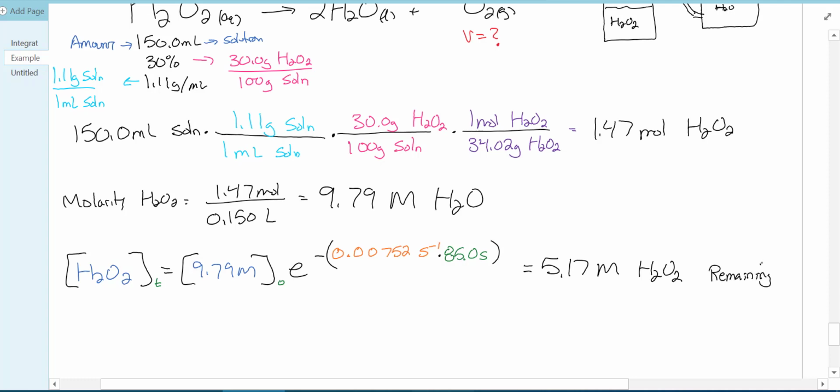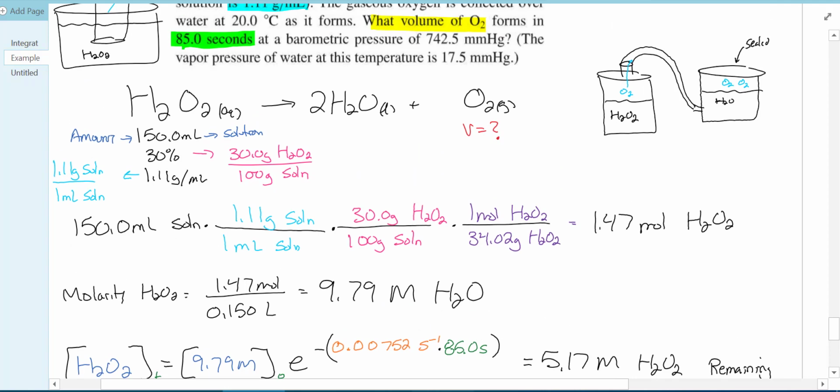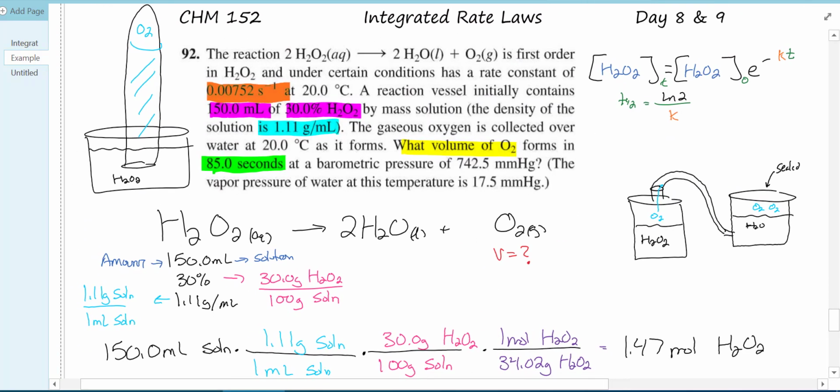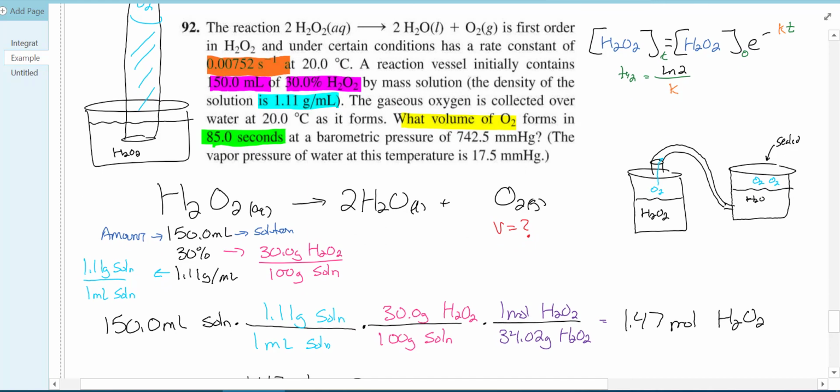All right, that's remaining. So one of the reasons I like this is that hydrogen peroxide, a lot of us have that at home. And when we have this at home, there's an expiration date on it. Now, some expiration dates are completely arbitrary. Milk's a good example of this. There's milk that people have drunk that is a week past the expiration date and it's fine.